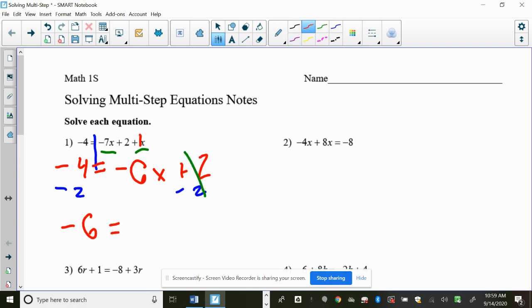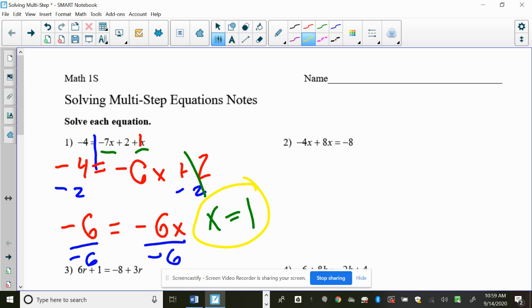So we're left with just -6x on the right. Now we keep solving. So we want to get rid of the -6 in front. So we're going to divide both sides by -6. Final answer, x equals -6 divided by -6, that'd be 1. Okay, so we get x equals 1.